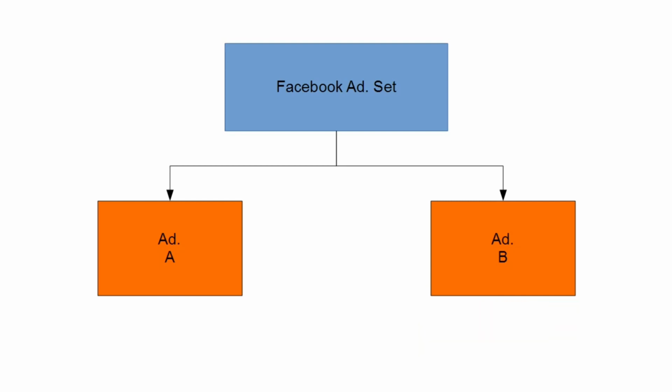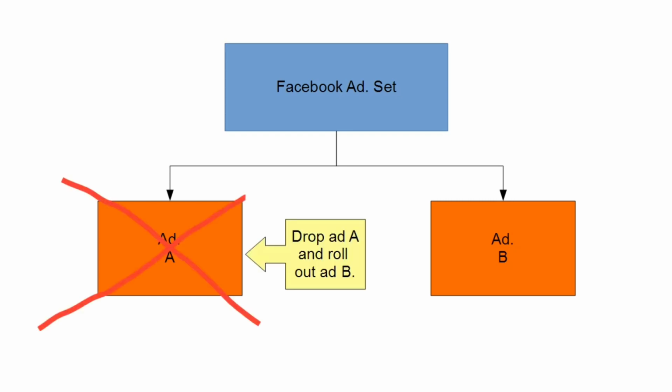Now let's say, for the sake of argument, that when you go through all the stats you find that ad B outperforms ad A. What you simply do is drop ad A and roll out ad B to everybody that you want to target with the ad.